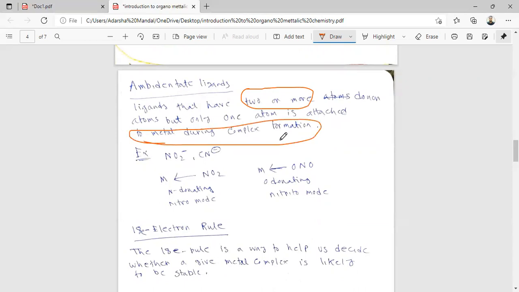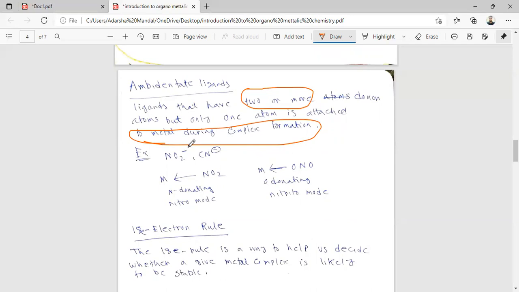That means the ligand has two or more donor sites capable of donating electrons to the metal center, but during complex formation it will donate via only one donating site. So this is the ambidentate ligand system.